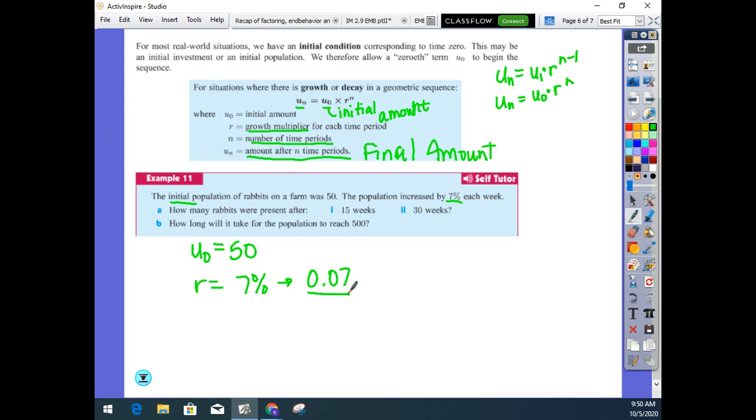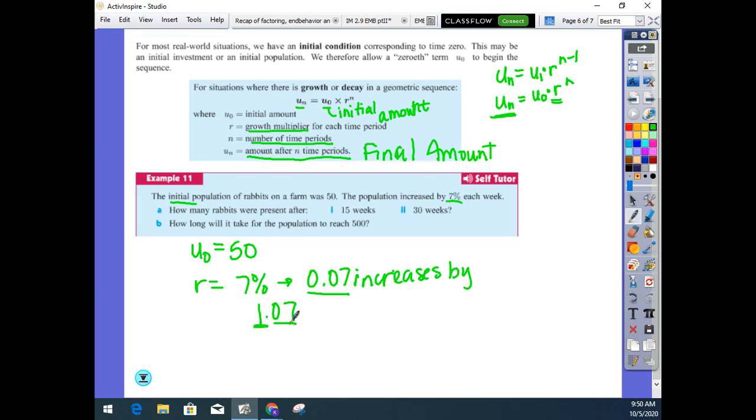In order to get my final amount, my growth rate, r, has to be more than 1. So we actually need to use 1.07. This is my starting amount plus the increasing amount.